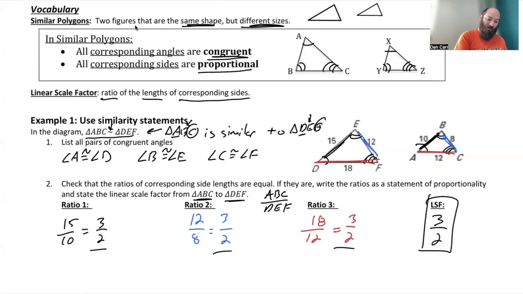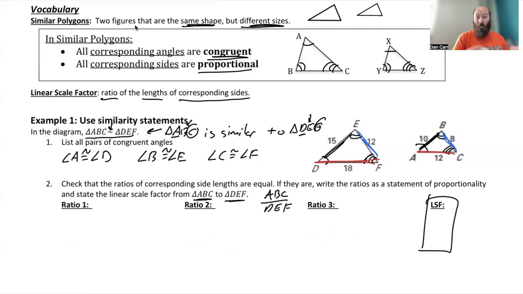But it's the same stuff overall. So let's just erase here. Okay. So it's all going to be the same thing, but I'm going to flip them now. I should have read that a little more closely. So I'm going to put, it was 10 over 15, which is 2/3.